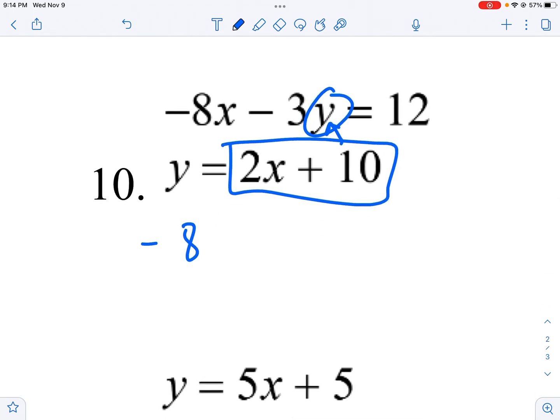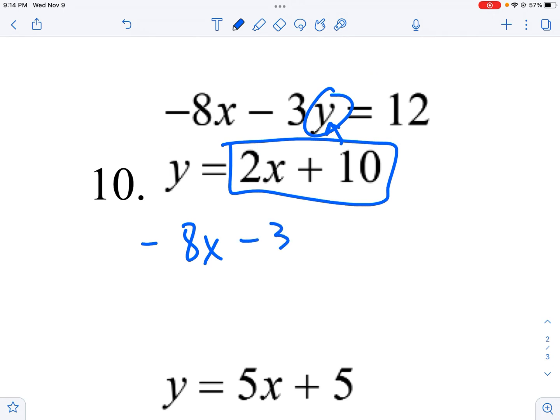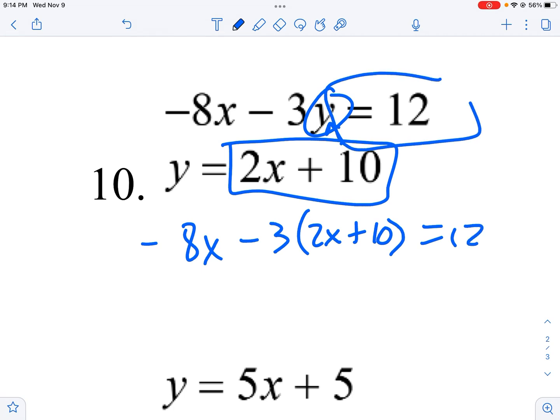I have negative 8x. I'm just rewriting my first equation with the y replaced. So here's where the y would go. I'm going to put parentheses, 2x plus 10, and then equals 12. This part comes down as the equals 12. And that's it. That's all you have to do. You're just going to substitute that into the other equation.